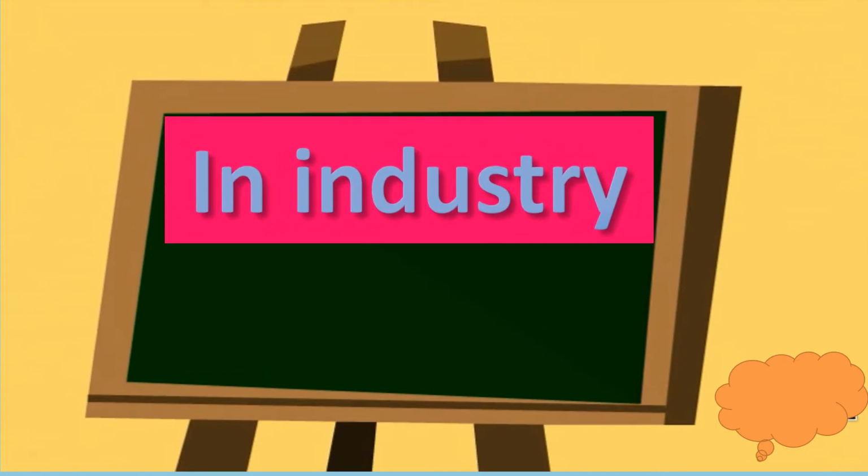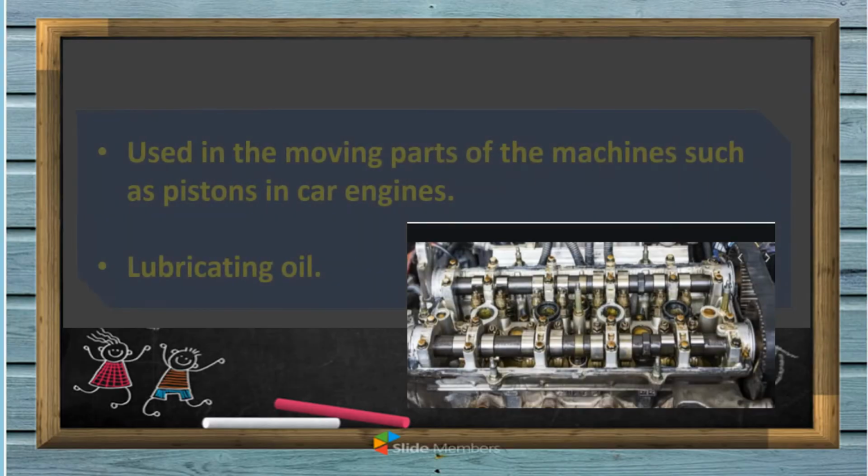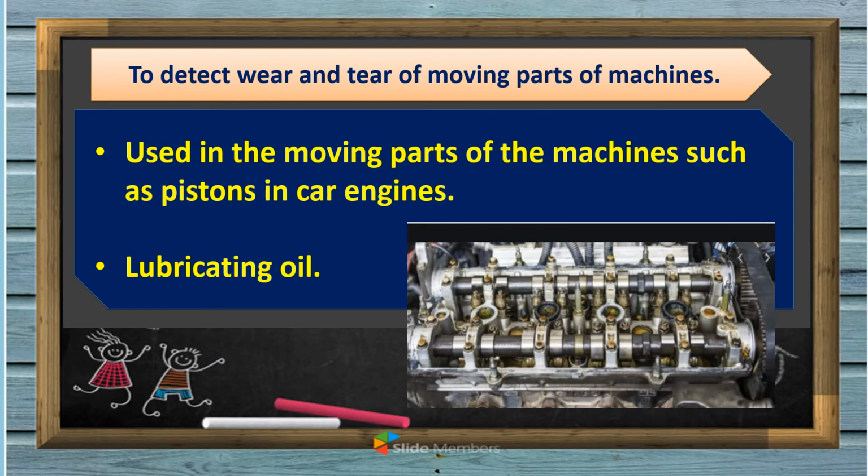The following are the uses of the radioactive substances in industry. First is to detect wear and tear of moving parts of machines. It is used in the moving parts of the machines, such as pistons in car engines.